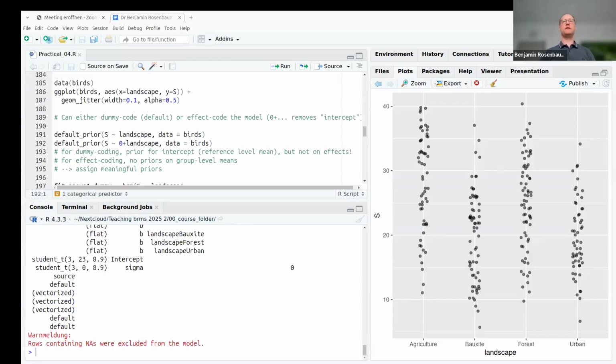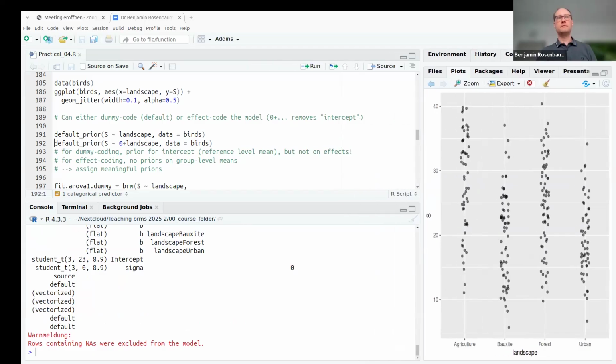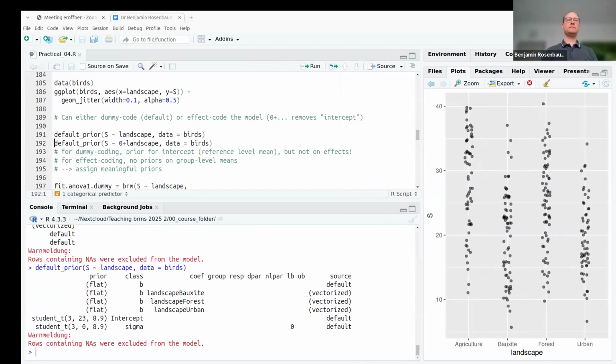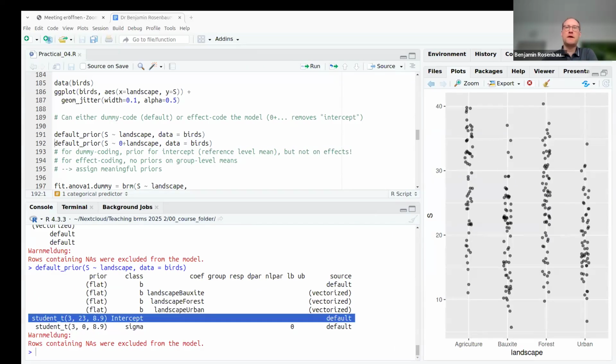We can check this without fitting the model by just using the default prior. Okay, so there is some prior for the sigma, that's fine. And then there's some prior for the intercept. What's the intercept here? Well, the intercept is the mean of the reference level, right?